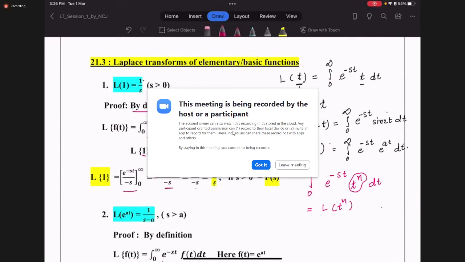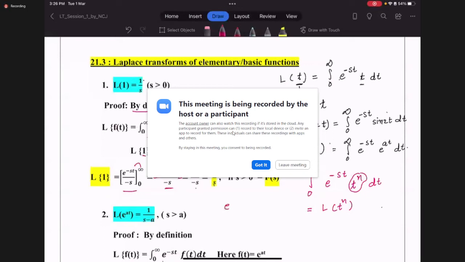And then apply the limit on e raised to minus st. You are substituting the limit for t, not for s. s is your parameter. t is the variable over here. You are integrating with respect to t. So in place of t you will put this limit.